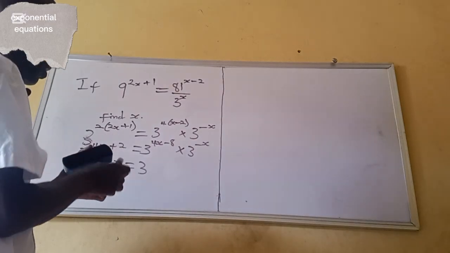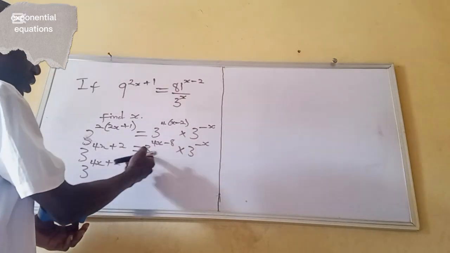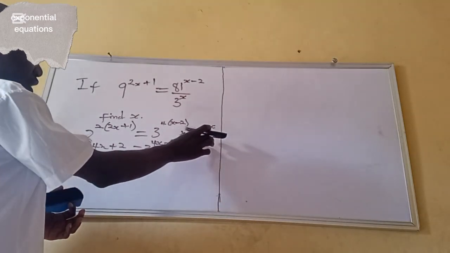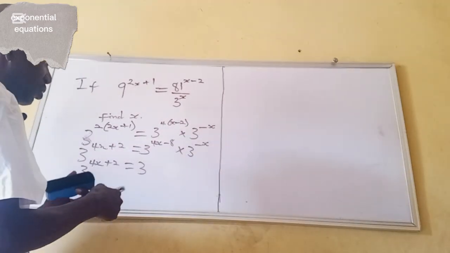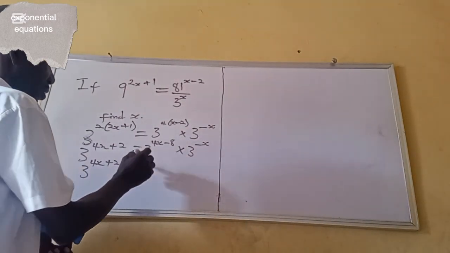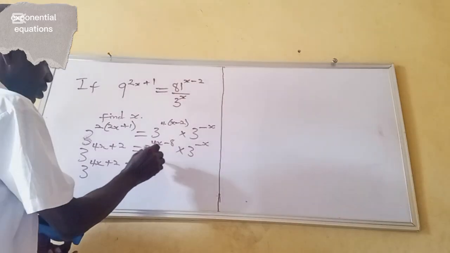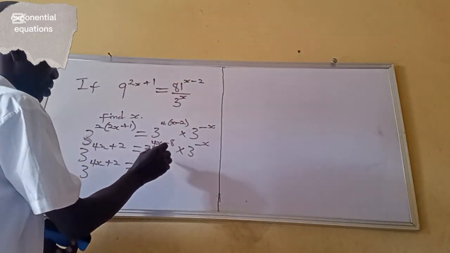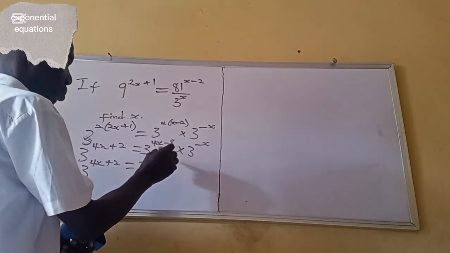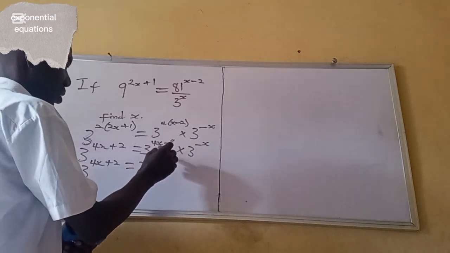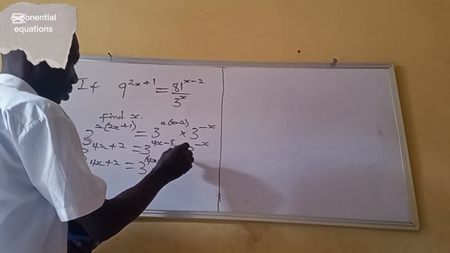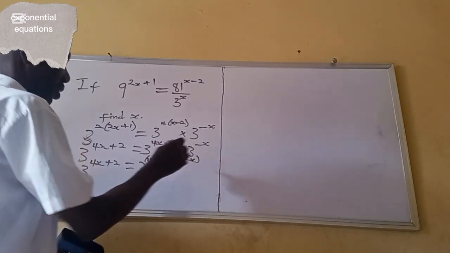From the law of indices, where you have a similar base like this, you pick one and the exponents will be added. So you have 4x minus 8 plus minus x.